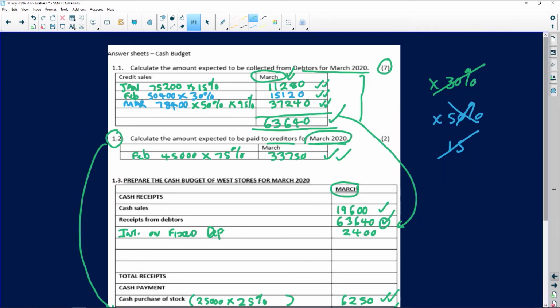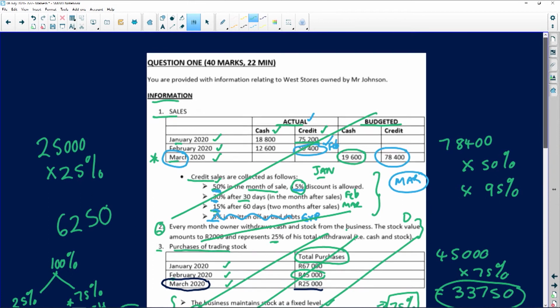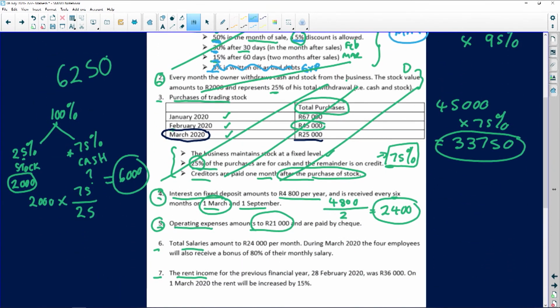Right, so that's sorted. We are now looking at information number 6. Total salaries amount to 24,000 Rand per month. During March 2020, the 4 employees will also receive a bonus of 80% of their monthly salary.